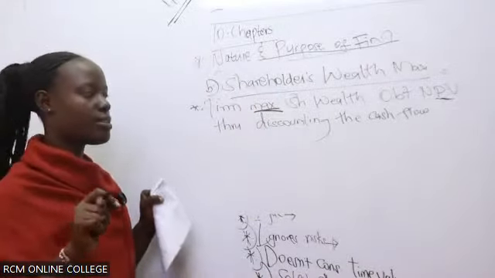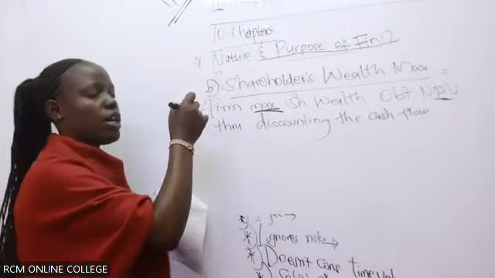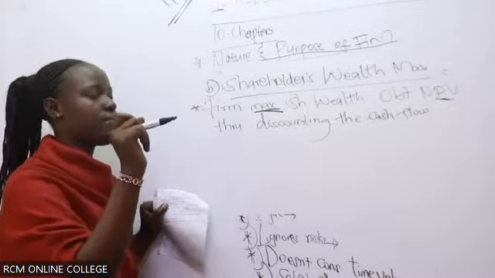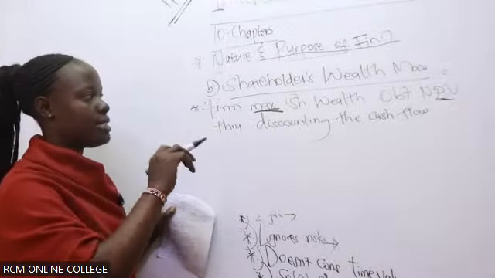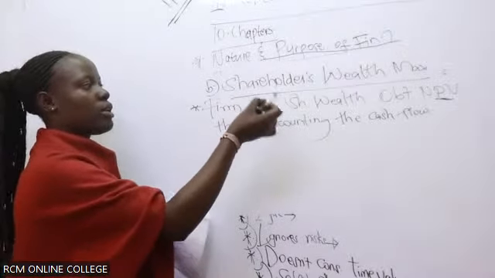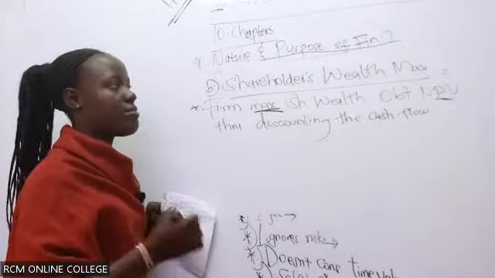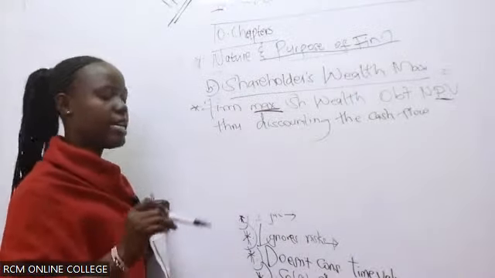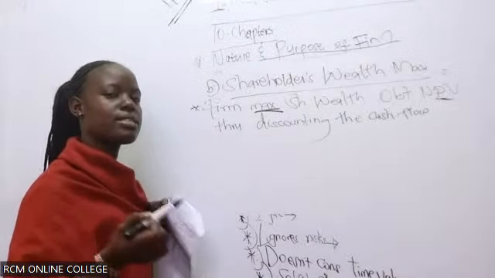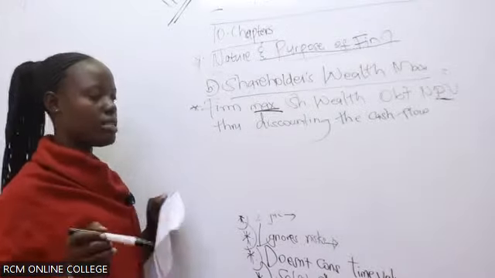So you might be asked, why do finance parties opt for shareholders' wealth maximization as the financial goal of the firm and ignore the profit maximization goal of the same firm?